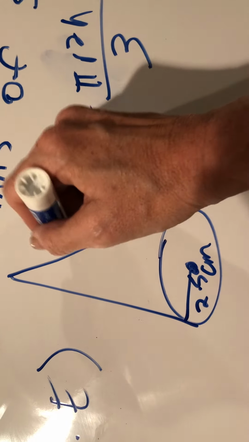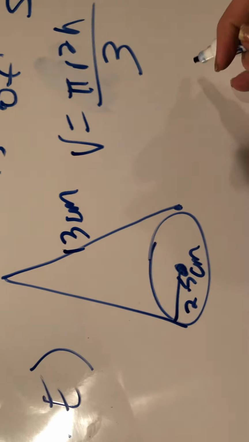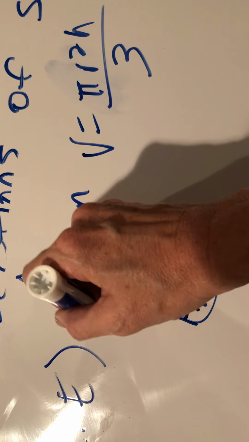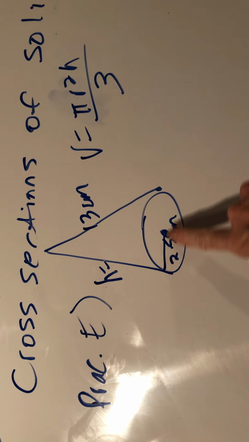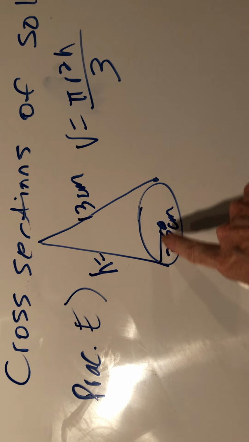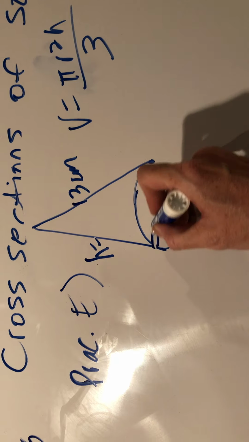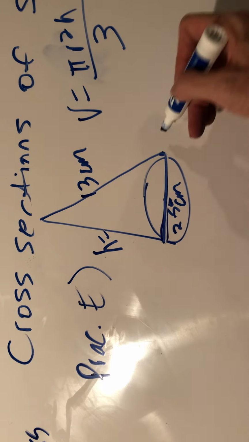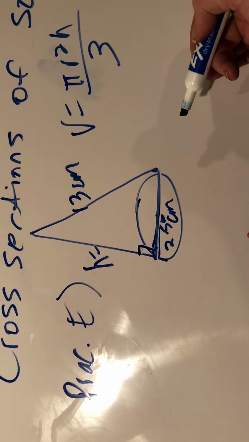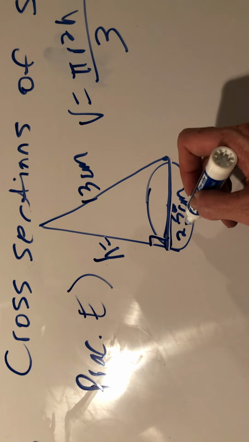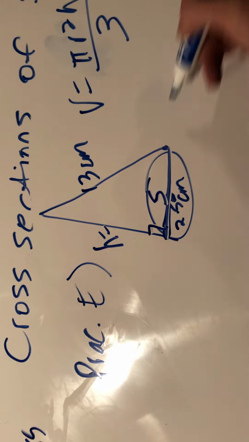If we want the volume, I need the height. Now notice I have this right here. But I need the height. I need this one, okay? So if we look down at the base, this is just the radius. If I had the diameter, I have a right triangle. And if my radius is 2.5, my diameter is 5.